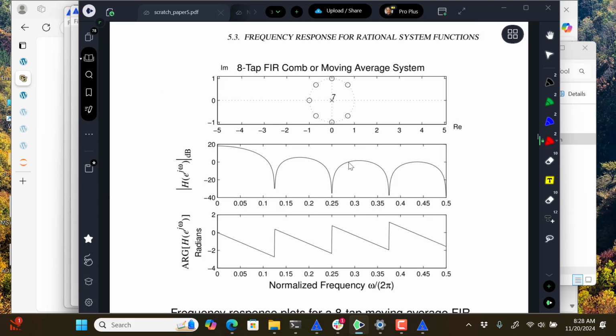And we know from in the past that it has this comb-like structure where it's got a big main lobe, and then it pulls down to 0, another lobe, and another lobe, and so on and so forth. And all the way along, the phase is purely linear, which is a characteristic of this moving average filter. We'll be discussing linear phase filters towards the end today.